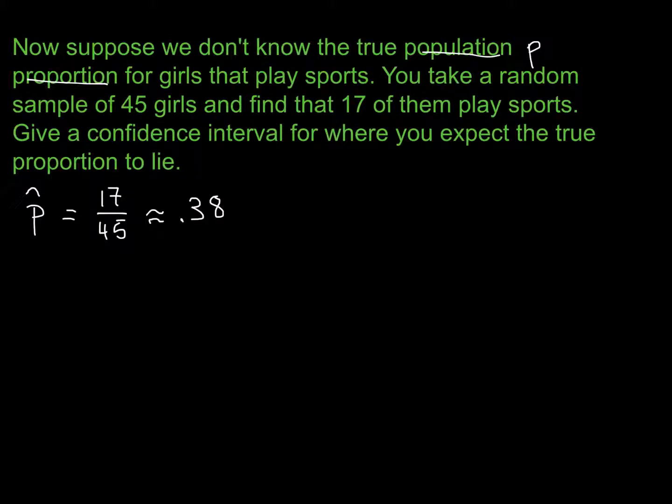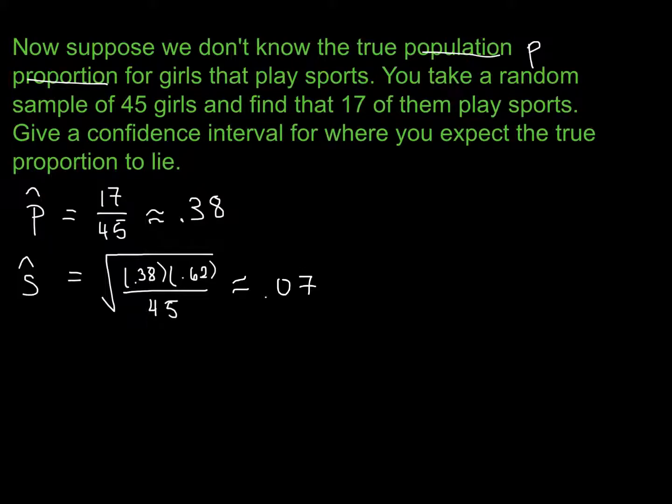And the way that we compute that, we'll call that S hat, is the square root of my sample proportion, 0.38, times 1 minus my sample proportion, 0.62, divided by my sample size, which is 45. And so here, this is approximately 0.07.